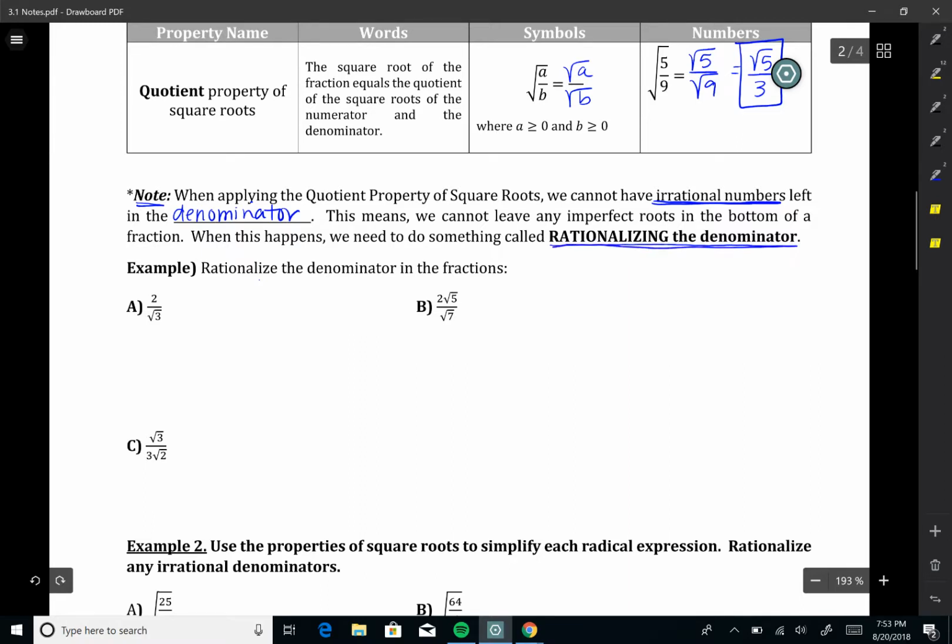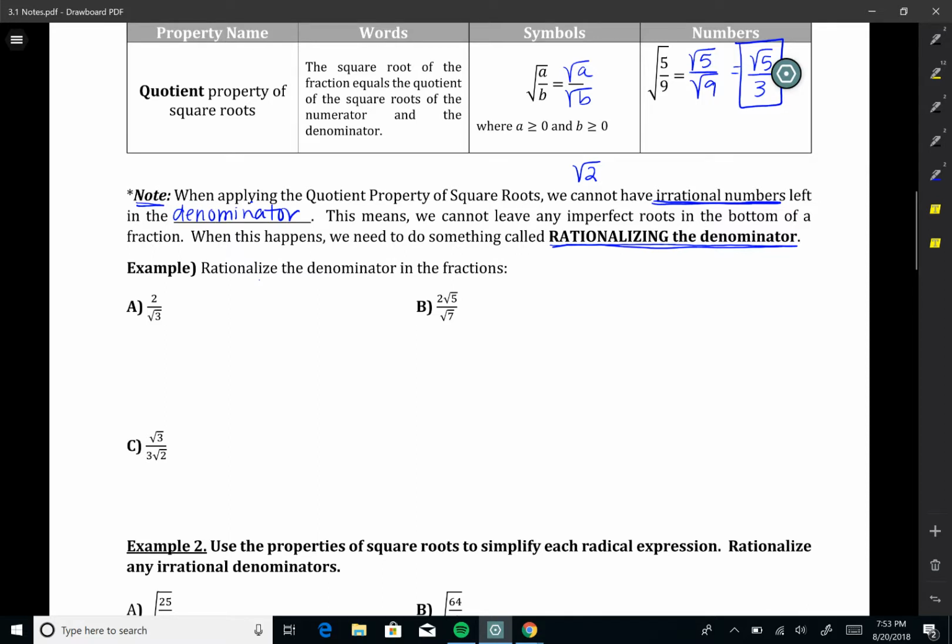So let me just review if you're not quite remembering what an irrational number is. An irrational number is any number that cannot be represented with a fraction or a decimal. And one of our most popular types of irrational numbers is an imperfect root. For instance, the square root of 2. If you would type that in your calculator, you would get an ugly decimal that never ends, okay?